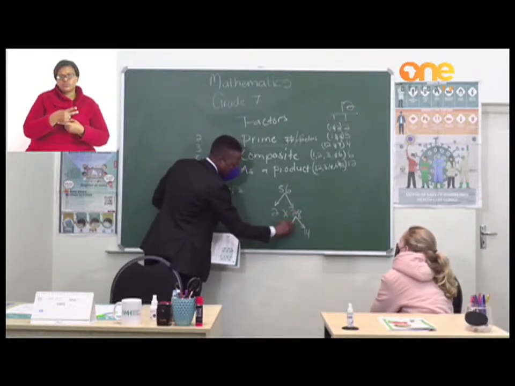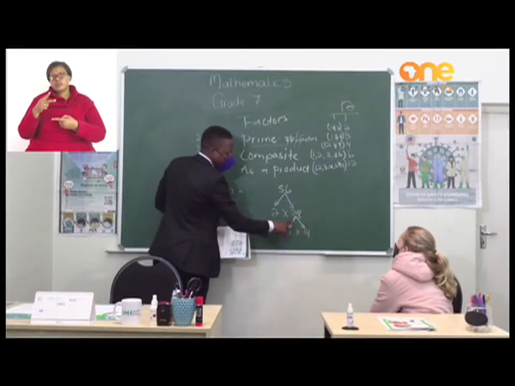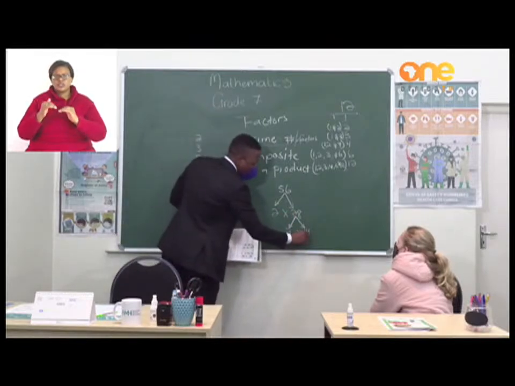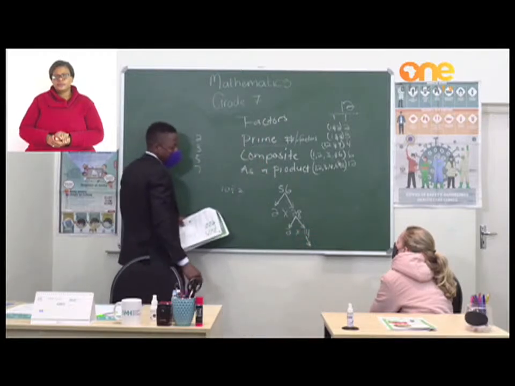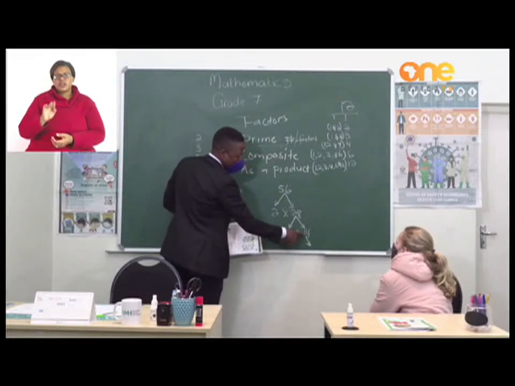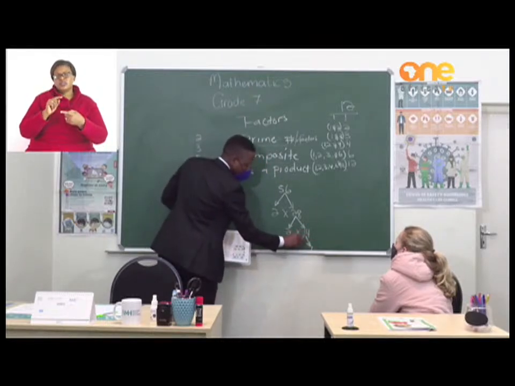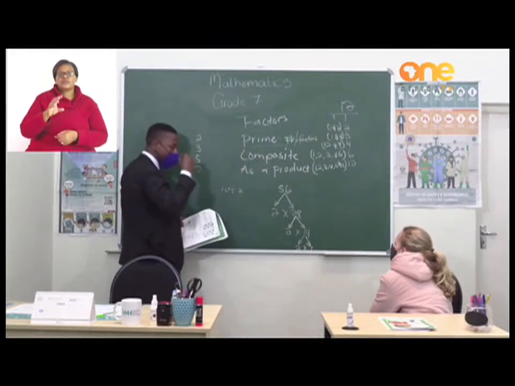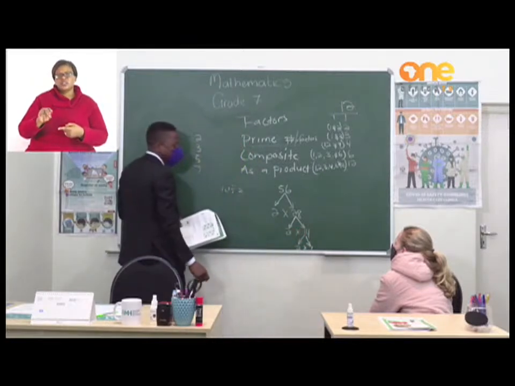Remember, we halved, so we have to multiply. 2 times 14 gives me 28. You still have to continue, halving again. If I halve 14, I'll have 7. But what number can I multiply with 7 to get 14? That number is 2. 2 times 7 gives me 14.